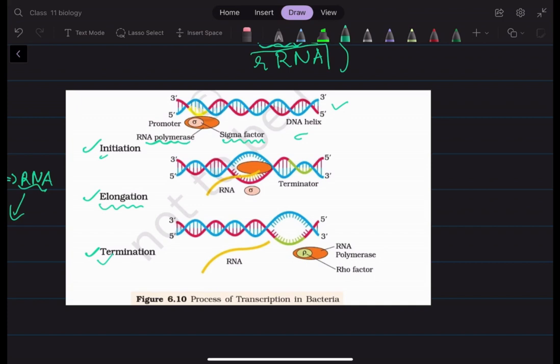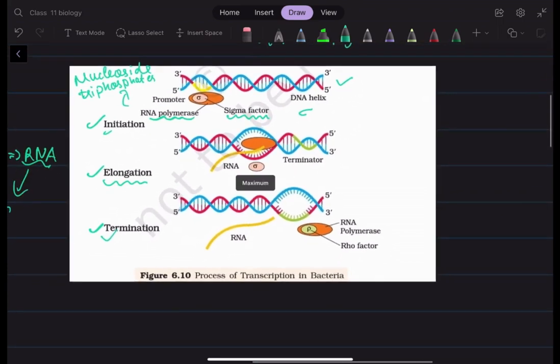The RNA polymerase, again, uses nucleoside triphosphates as substrate, and when elongation happens, the sigma factor is removed, and the RNA polymerase alone catalyzes elongation, and it keeps adding nucleotides corresponding to the sequence of the template strand.